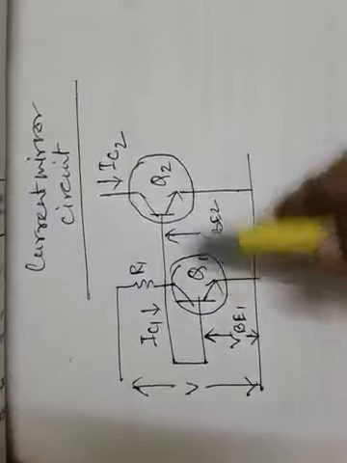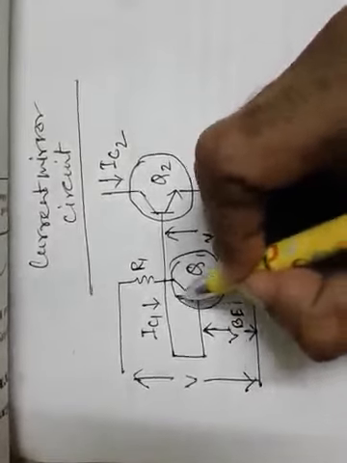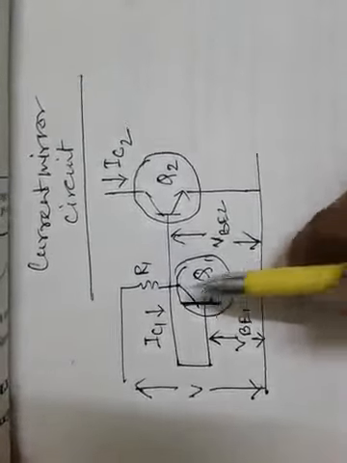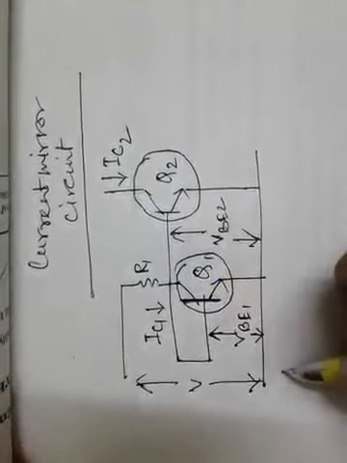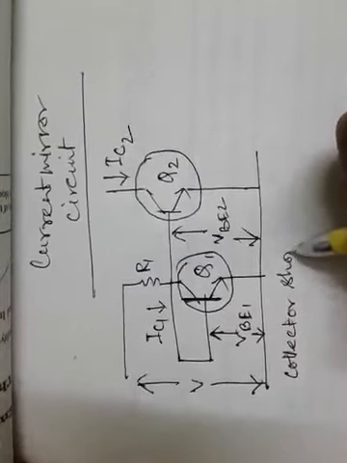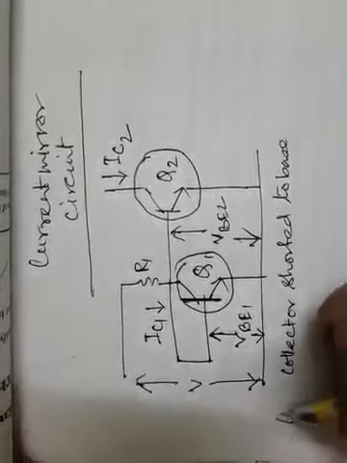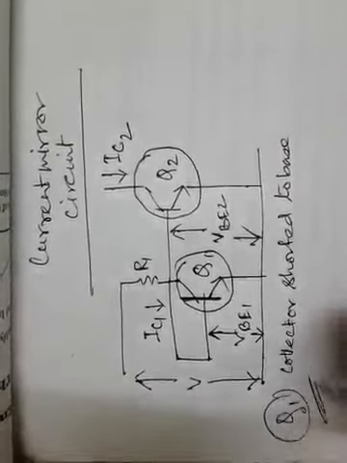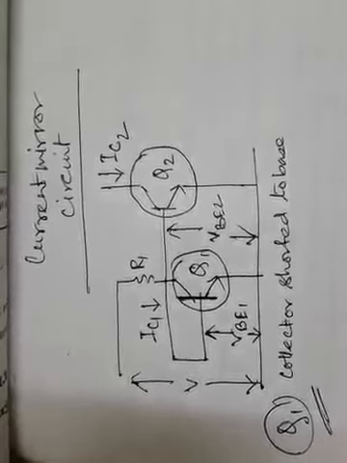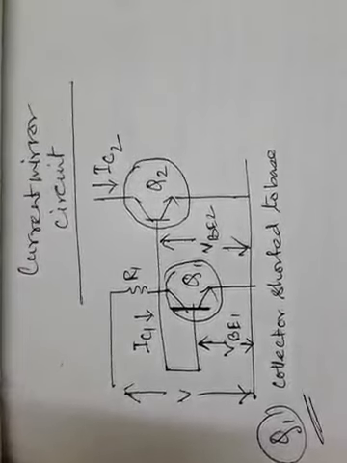that two BJTs are actually being seen in this diagram, and for the first BJT Q1, its collector is shorted to base. So the speciality of Q1 is collector shorted to base. Now this current mirror circuit is extensively used in operation for integrated circuits.